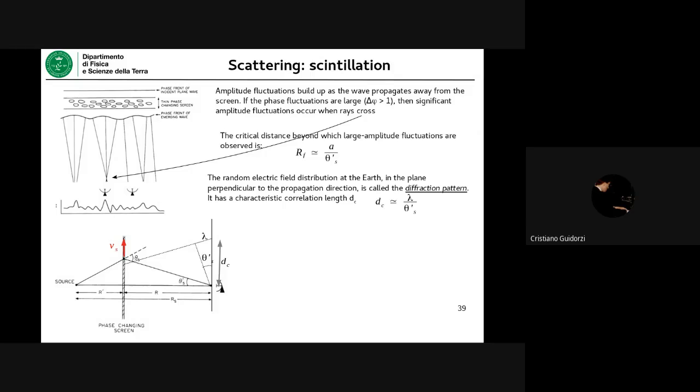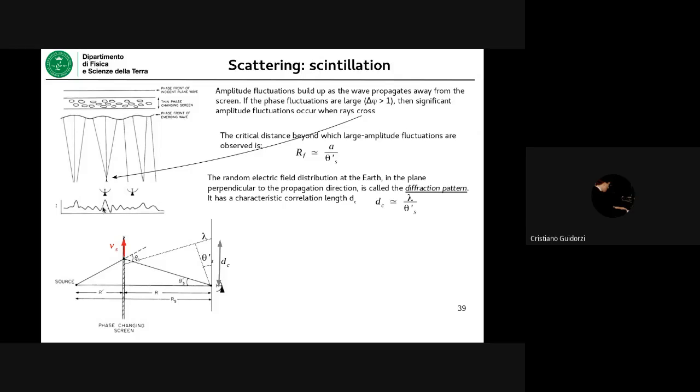So there will be some typical distance beyond which there is no more correlation, so no more relation between the average intensity in one point and the average intensity measured at a different point. So this is the so-called correlation length.